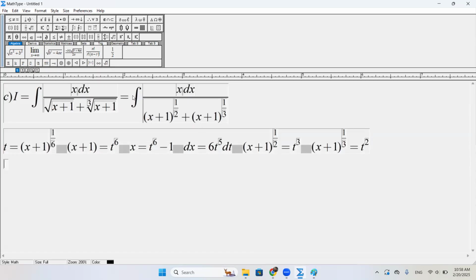So, taking everything into consideration, now write the integral with the new variables.